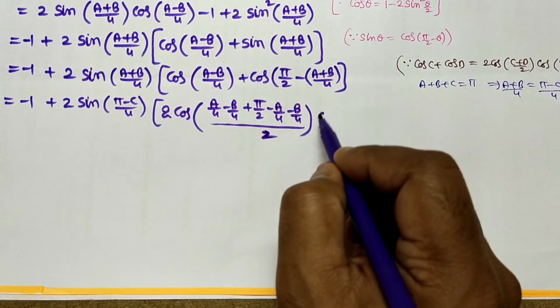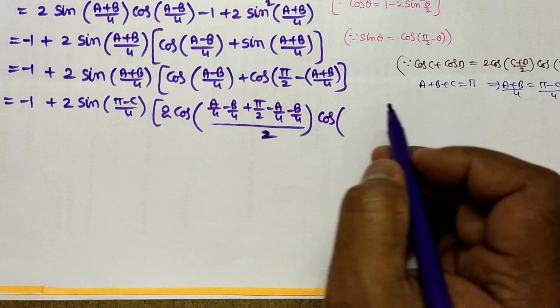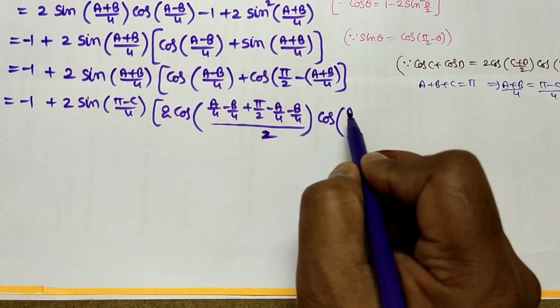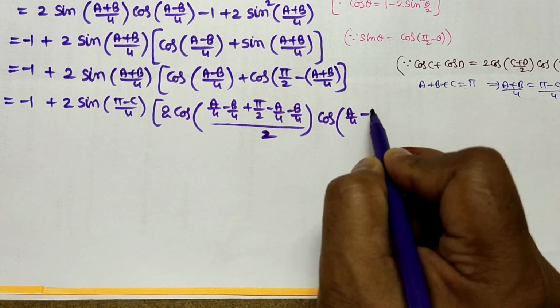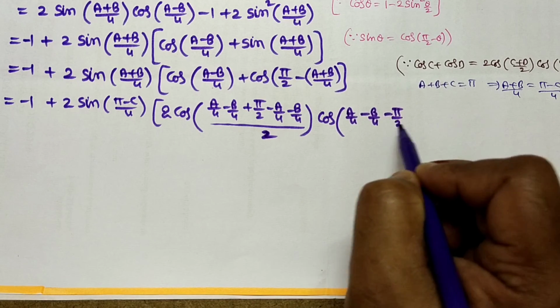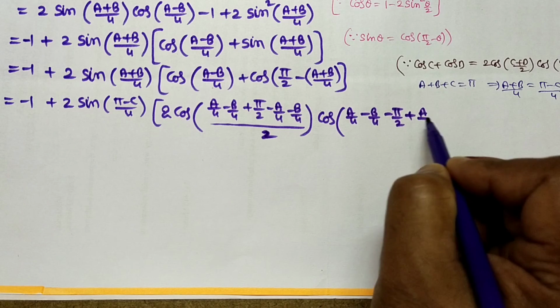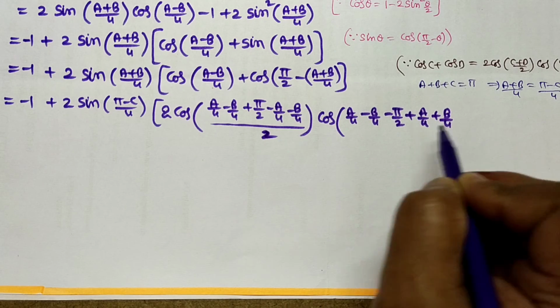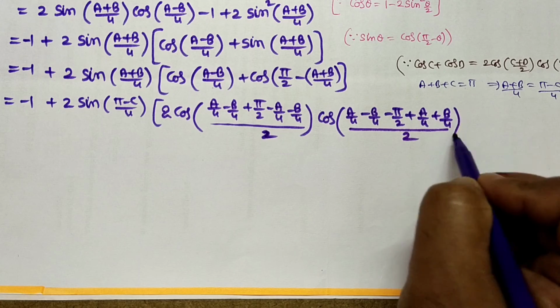Next, cos of (C minus D)/2, (A/4 minus B/4 minus pi/2 plus A/4 plus B/4) whole divided by 2.